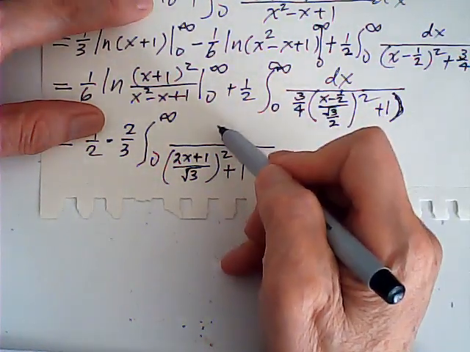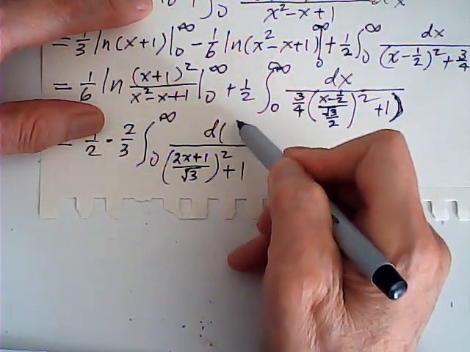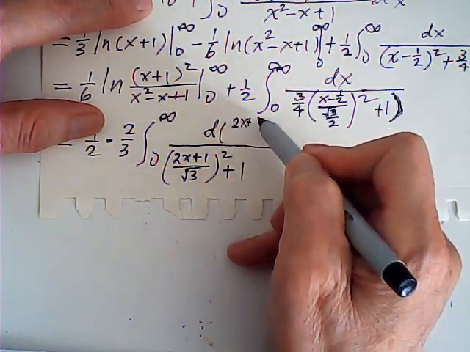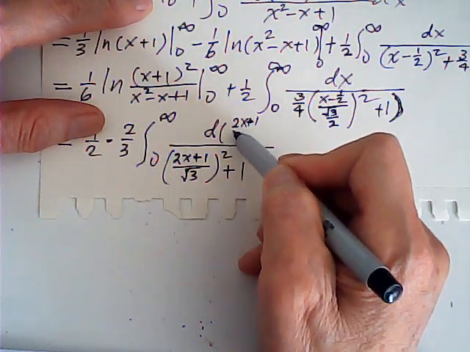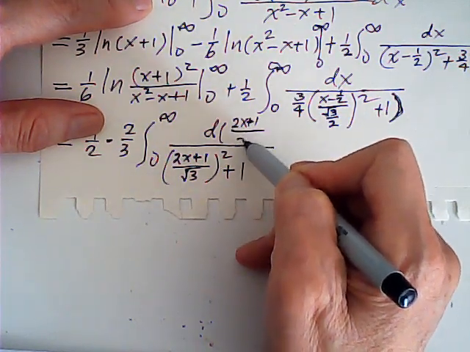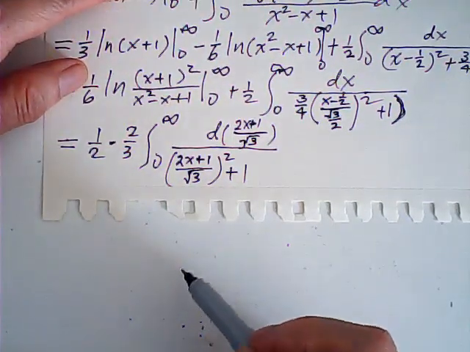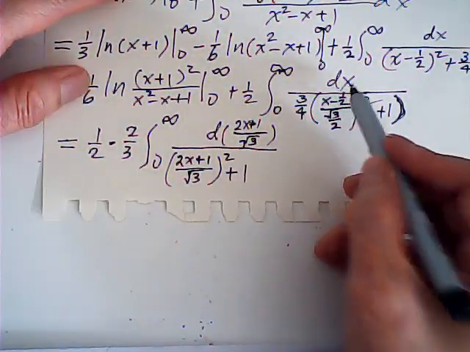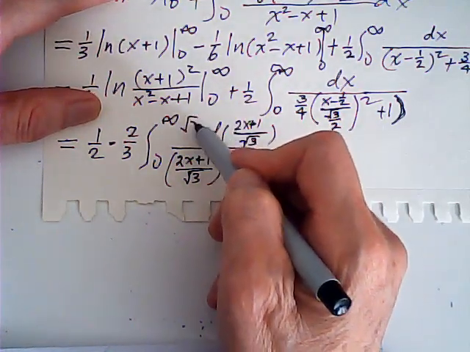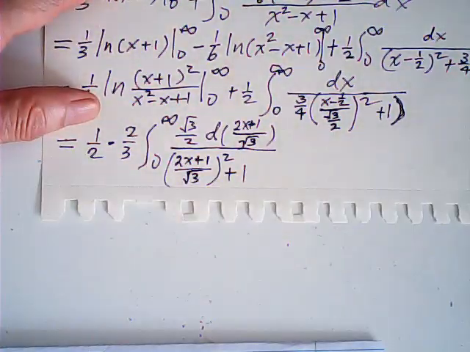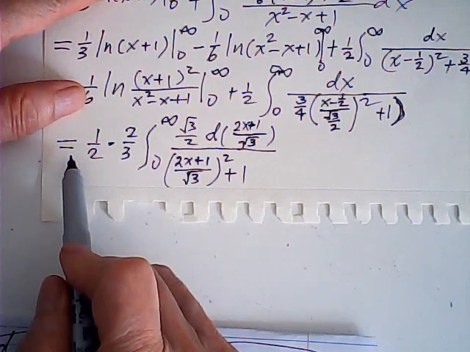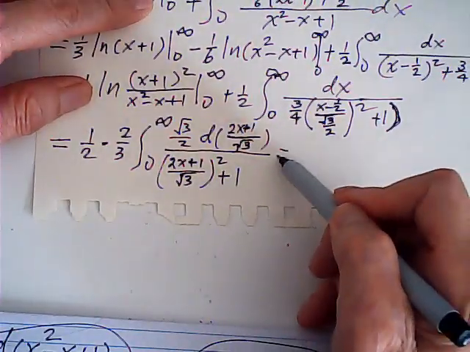And the dx, I can write d of 2x plus 1 over root 3. And to balance for dx, I multiply by root 3 over 2. So it is equal.